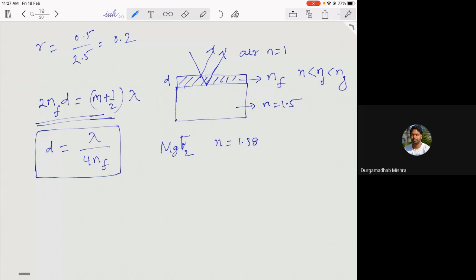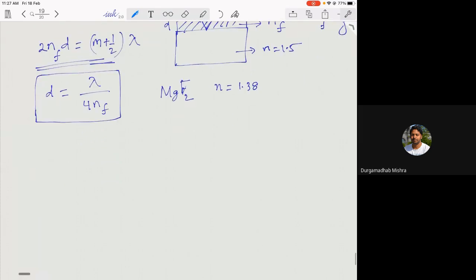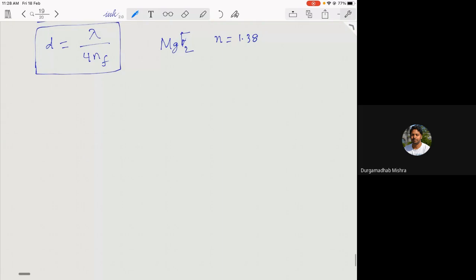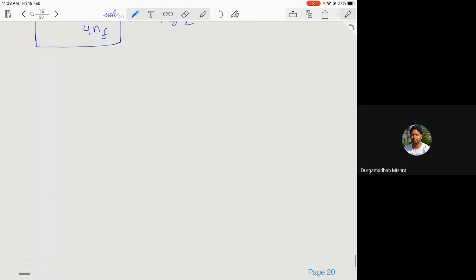I would suggest that you look it up in the relevant section of the book. You have to do it a little on pen and paper to understand it, because listening to me may not help. If you write it, you will understand it better.